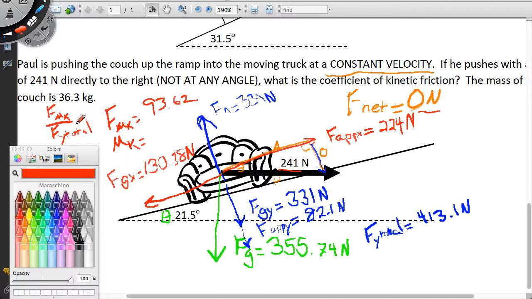So when I divide the 93.62 by 413, I should get a kinetic coefficient of 0.227. And when you do that, you are done with the problem. You've just figured out the coefficient of kinetic friction.